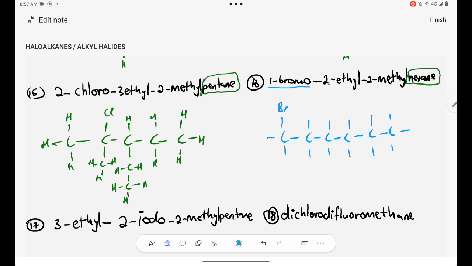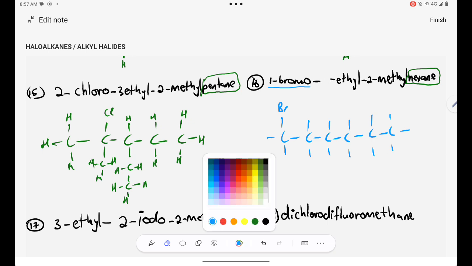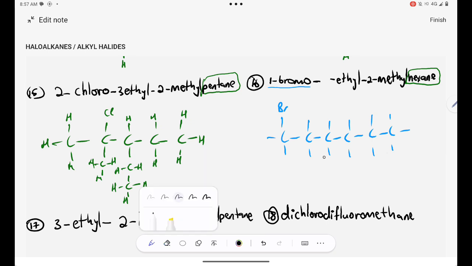Okay, let's say this was carbon number 3, not 2. Yeah, at carbon number 3 there's an ethyl. Okay, that will be our ethyl. At carbon number 2 I have a methyl, like that, and then all I need to do is to just draw the hydrogens.